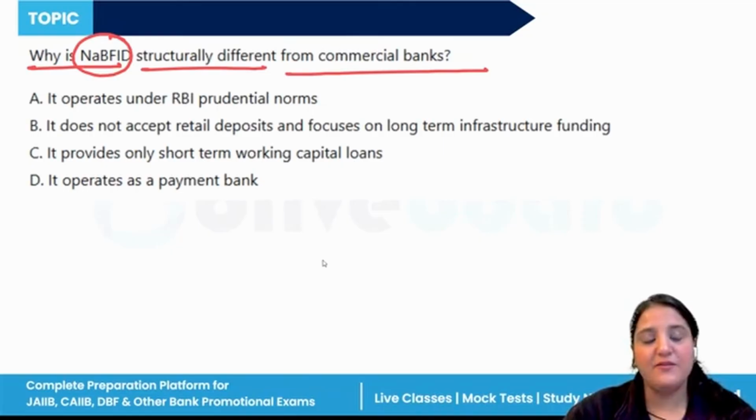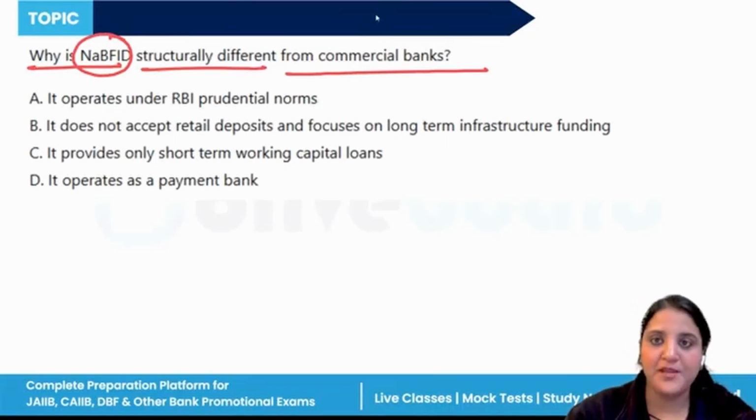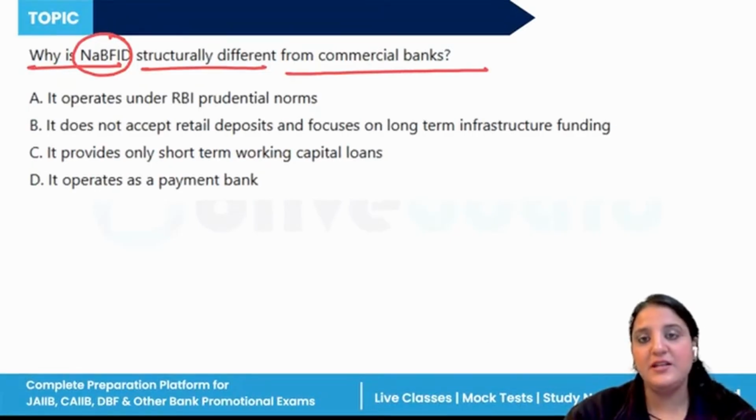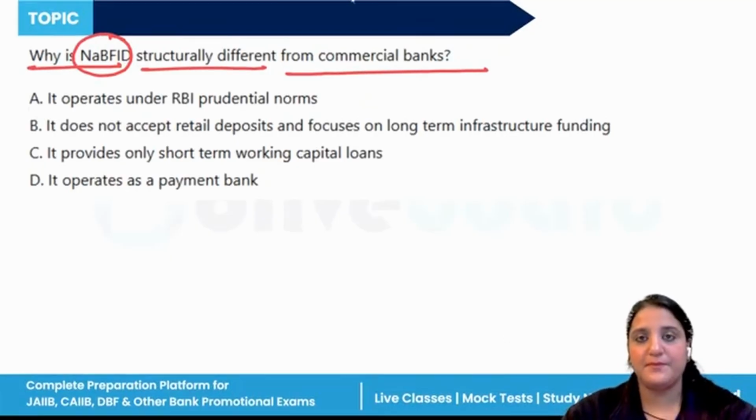It provides financial assistance like loans and investment for infrastructure. It acts as a facilitator for private institutional capital. So, which of the following institutions can accept here? Why is NABFID structurally different from the commercial banks?